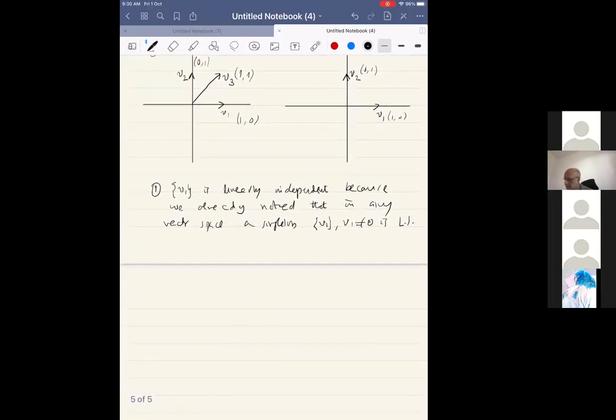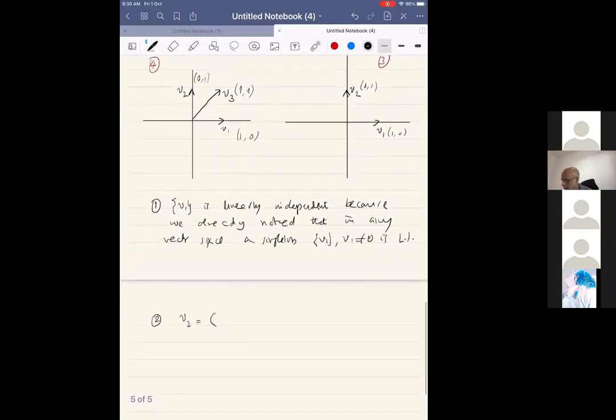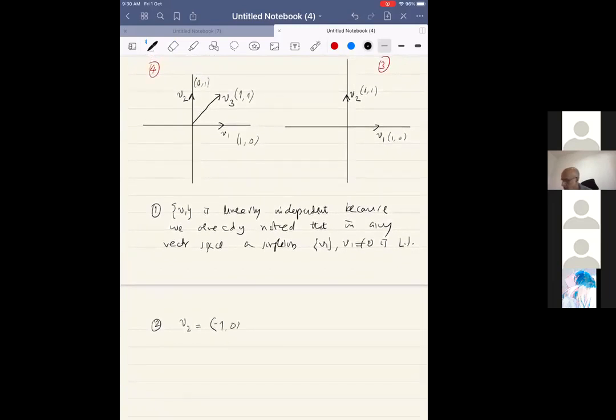Now, in the case of 2, you have V2. V2 is (-1, 0). This is the definition. It is the scalar -1 times (1, 0), which is -1 times V1.